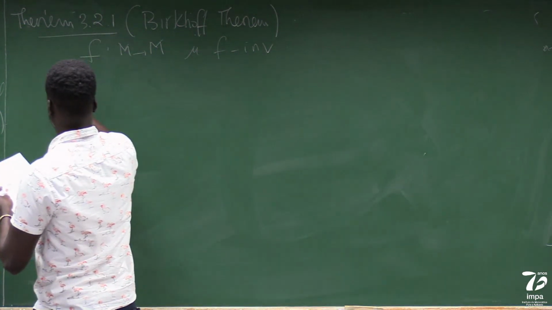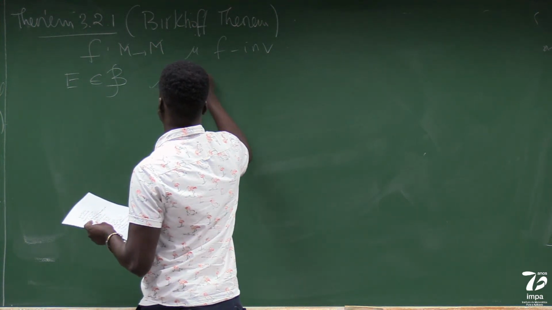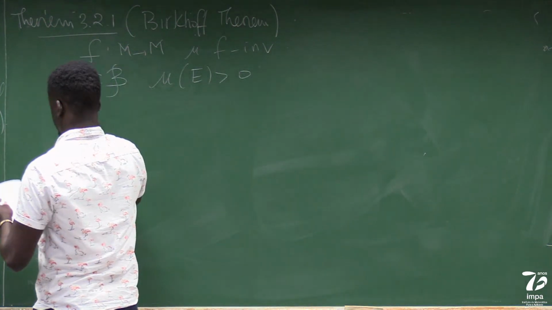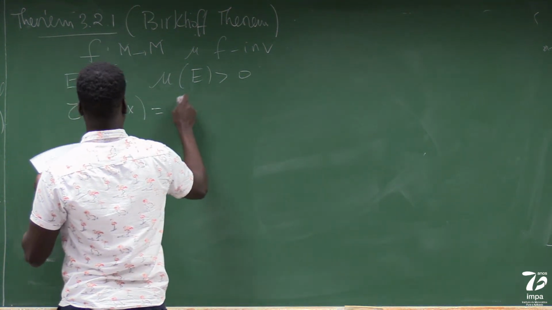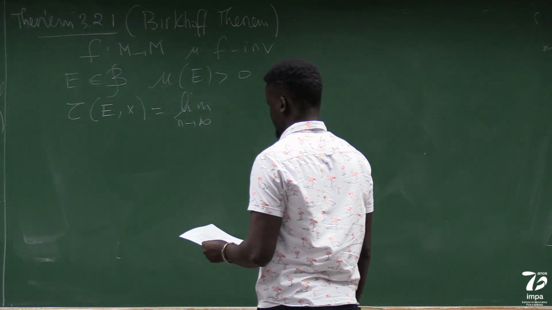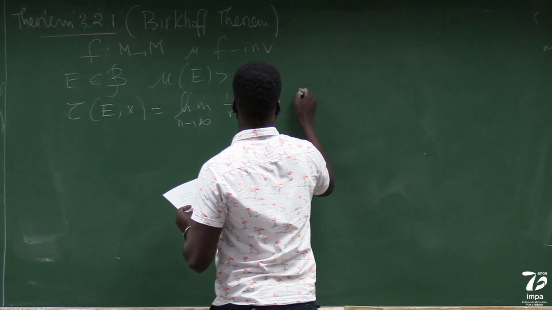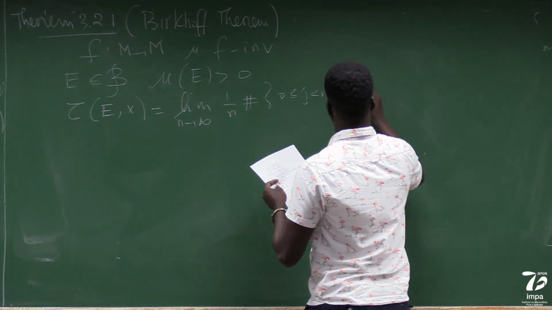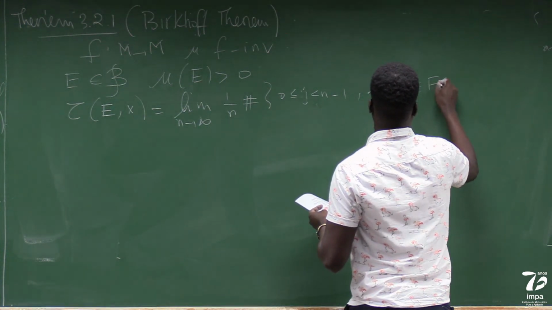If you take E, a Borel set with positive measure, remember the mean sojourn time equals the limit when n goes to infinity of 1 over n times the cardinality of the j in 0 to n minus 1 such that f to the j of x is in E. In the previous chapters, we have seen that this limit exists, under invariance.